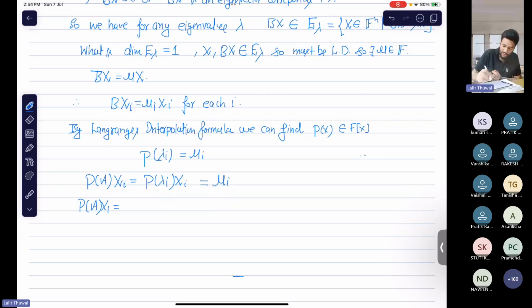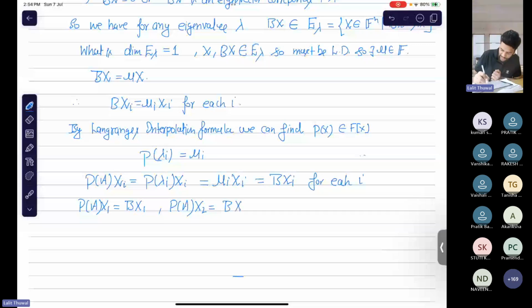So this is mu i xi, but mu i xi is equal to b xi. So this is b xi, and this holds for each i. So we have PA x1 = b x1, PA x2 = b x2, and so on.